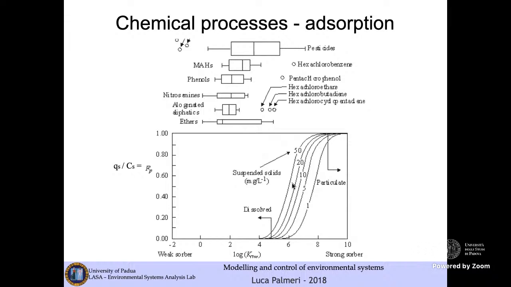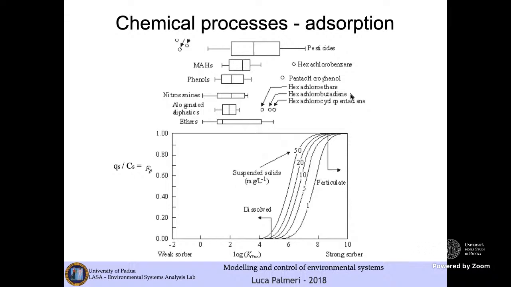Okay, these are plots that are very useful for environmental engineers in order to have a quick forecast of where you will be likely to find substances.